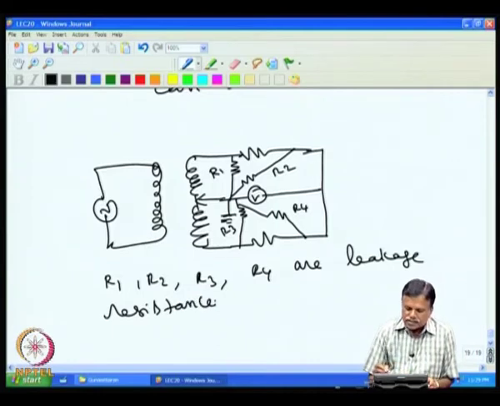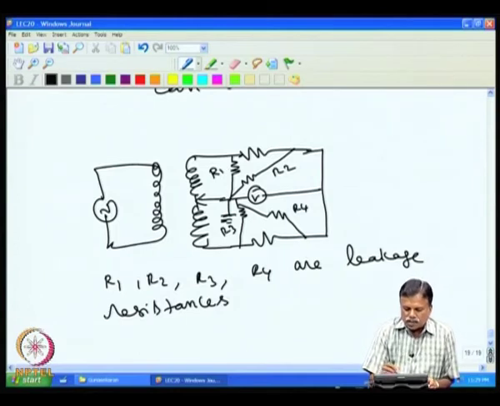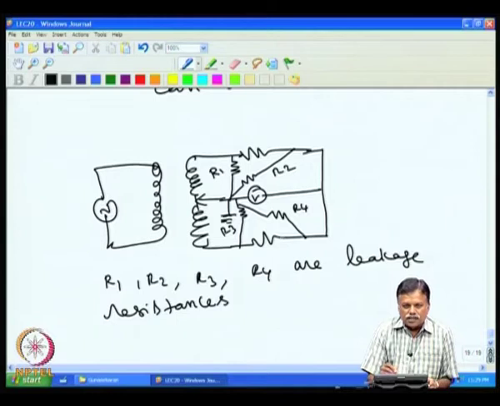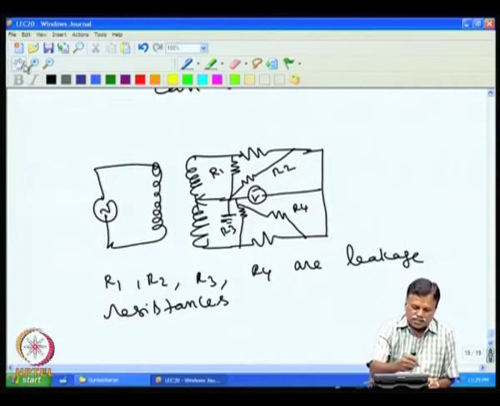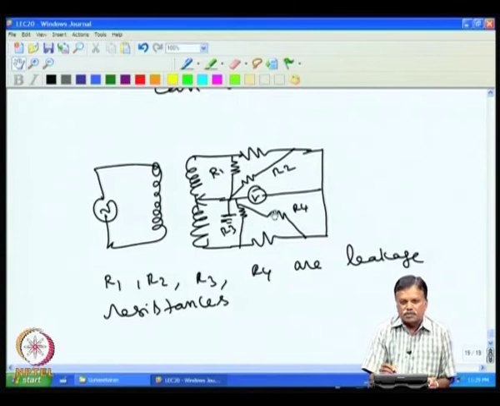In the normal case R1, R2, R3, R4 all will affect the measurement. In this bridge, these leakage resistances will not play any role in balancing the bridge, and the net result is that the leakage resistance has no effect on the resistance measurement.